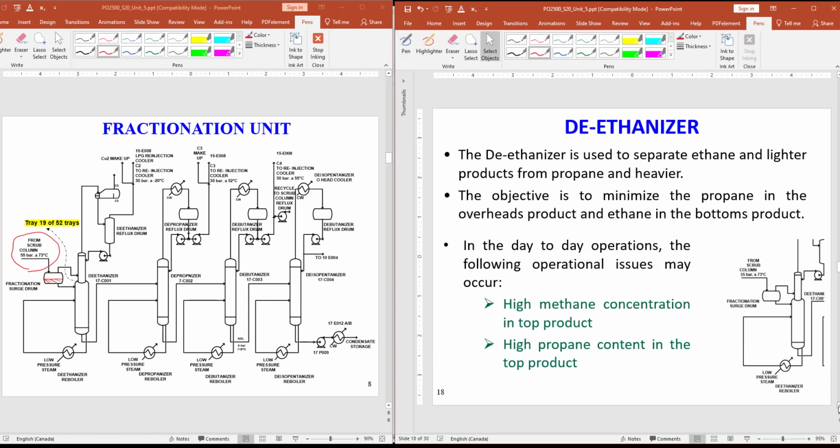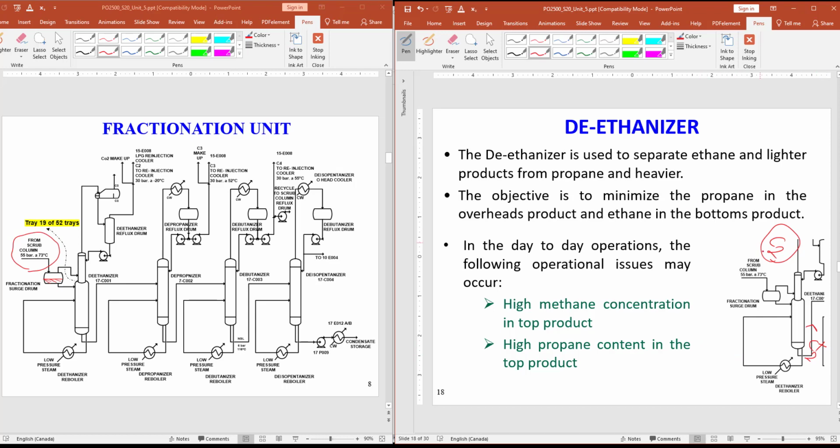Then, okay, now the De-ethanizer, we already talked about it, so now I'm gonna give you some more detailed information about that. The De-ethanizer is used to separate ethane and lighter products from propane and heavier. We are trying to separate C2 from any products heavier than C2. As simple as that.